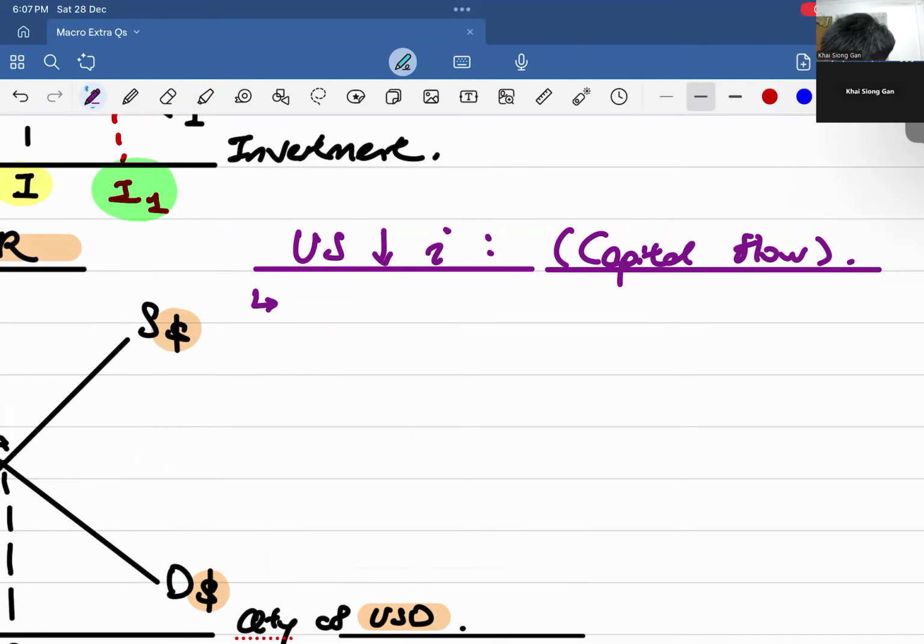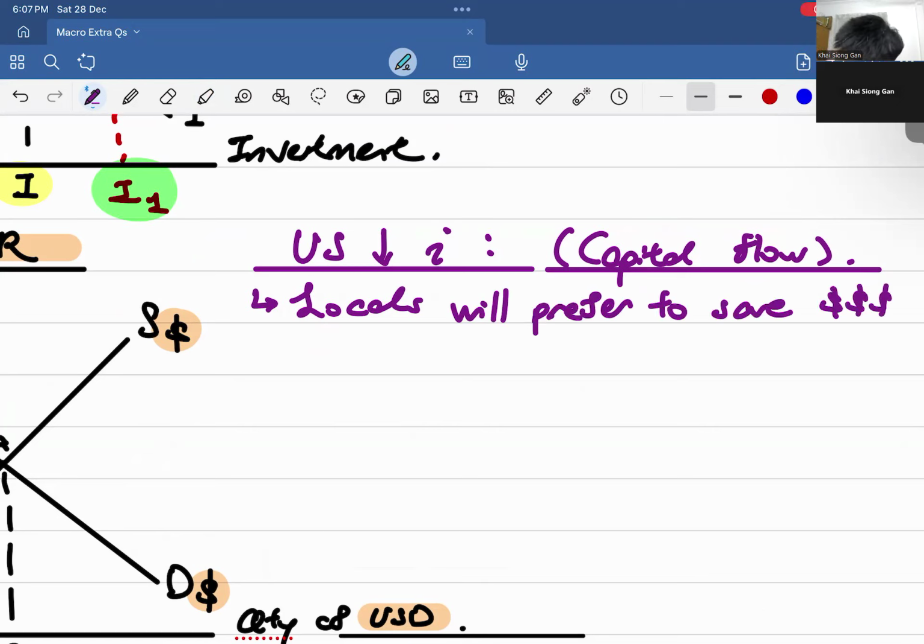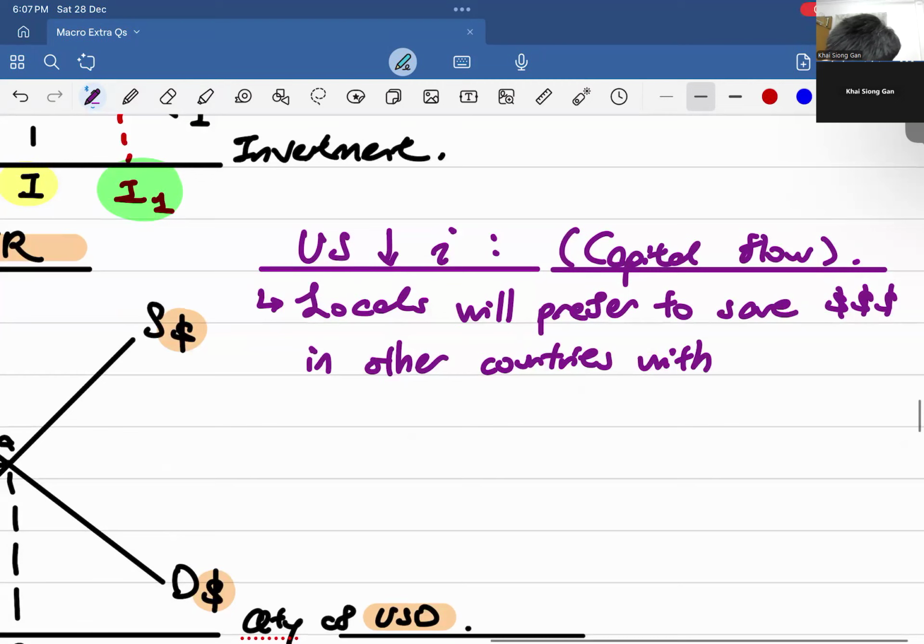So you can say that locals will prefer to save money in other countries with a higher interest rate.